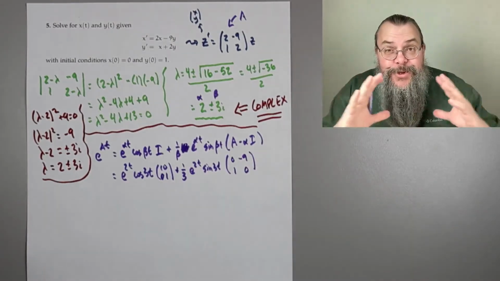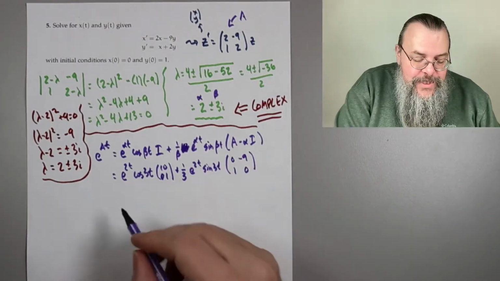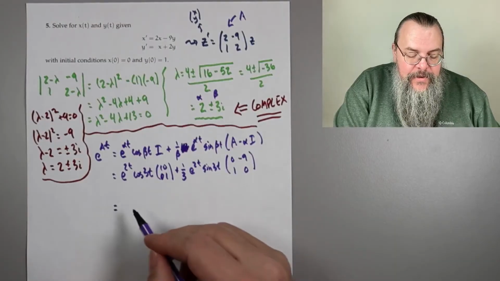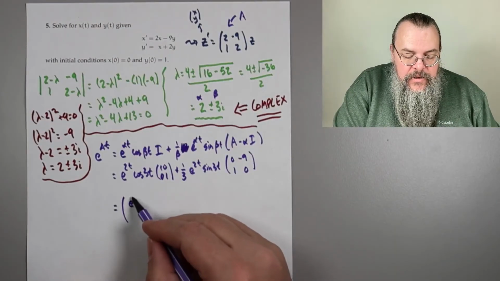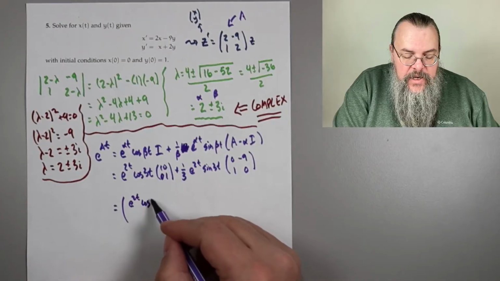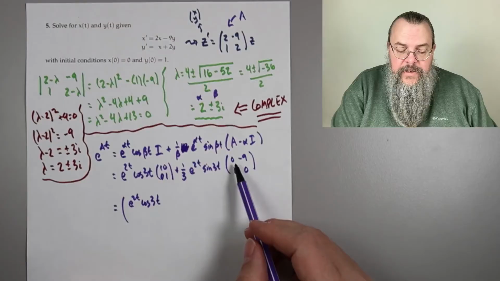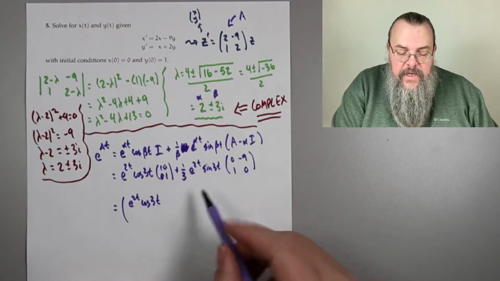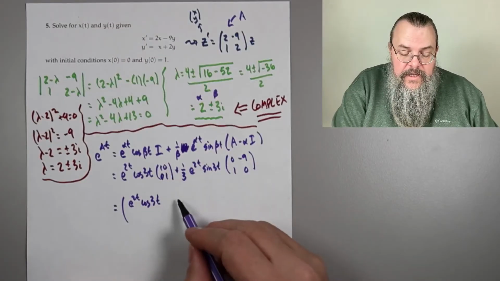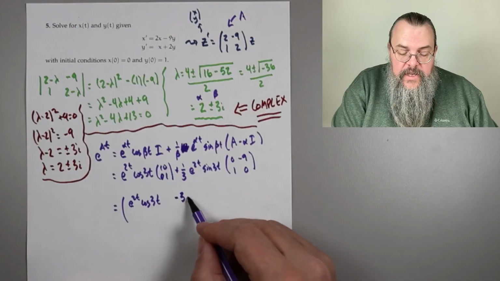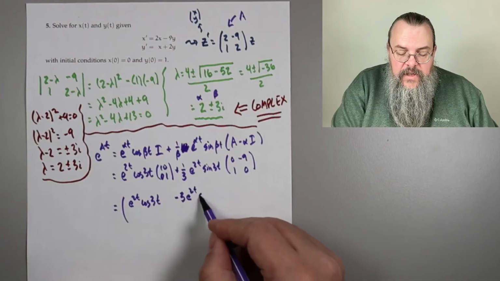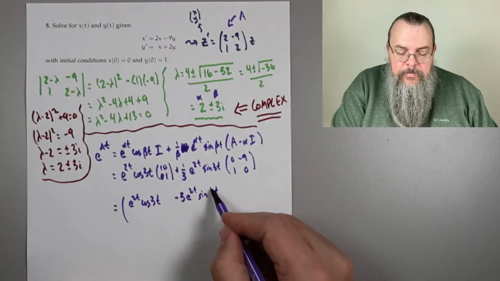Smush it together. And in fact, smushing is very easy. So this will be e to the 2t cosine 3t. That's the upper left entry, and that's the only entry there. Upper right, you get 0, and 1/3 times minus 9 is minus 3, e to the 2t sine 3t.